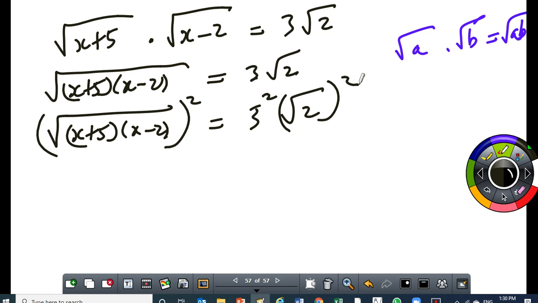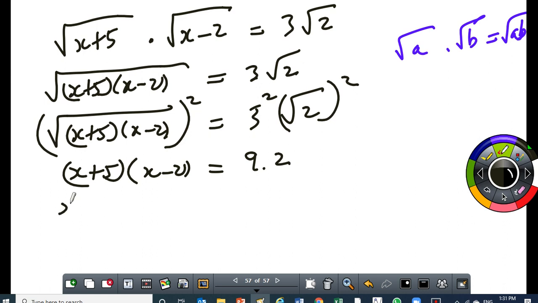Okay? Then here you end up getting x plus 5 times x minus 2 equal to 9. Now the square root of 2 all squared is equal to 2. So that will be 9 times 2. Then I'm going to use FOIL here. I'll get x squared minus 2x plus 5x minus 10 equal to 18.